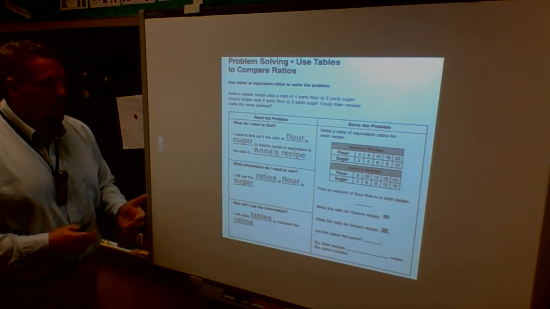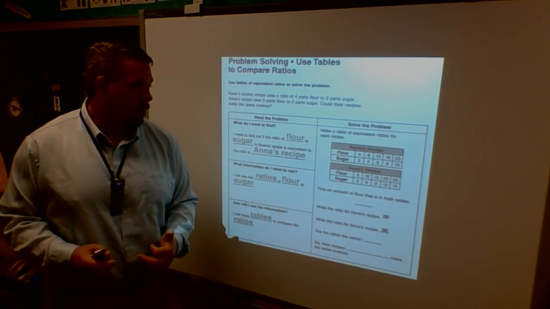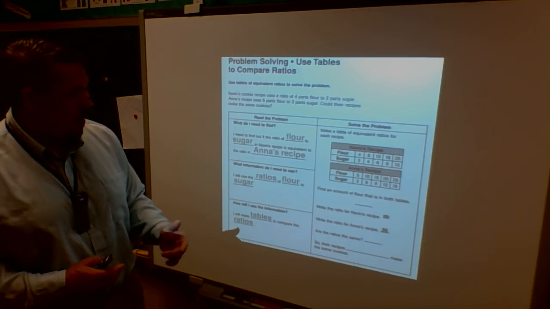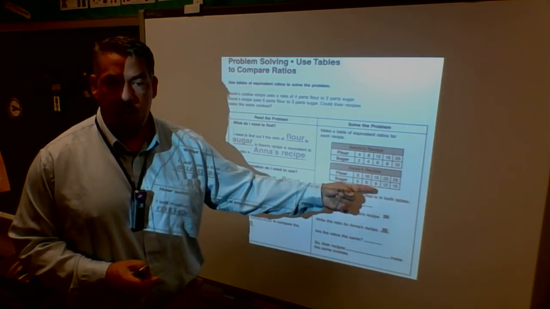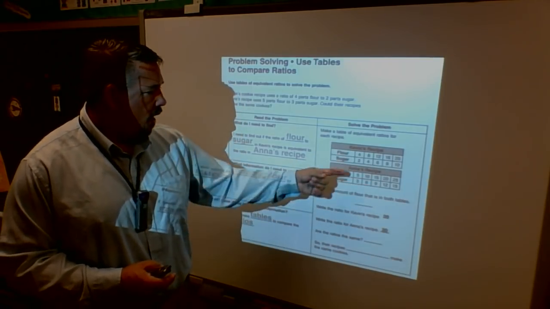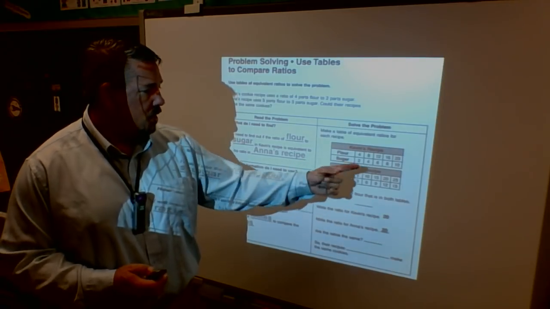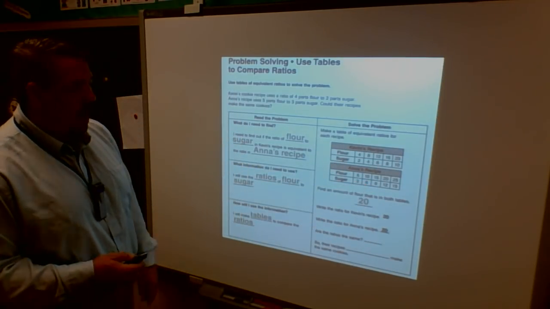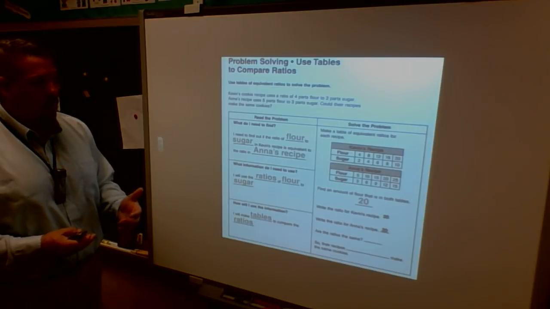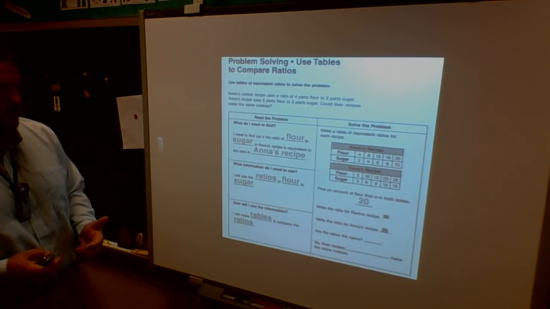Then I'm going to find an amount of flour that is in both tables. When I look at the amount of flour, I have a 4 here. Do I have a 4 down here? I don't. I have an 8. Do I have an 8 down here? No. And I keep going until I see that my 20s have the same amount. It's the only one in the flour that does have the same amount.